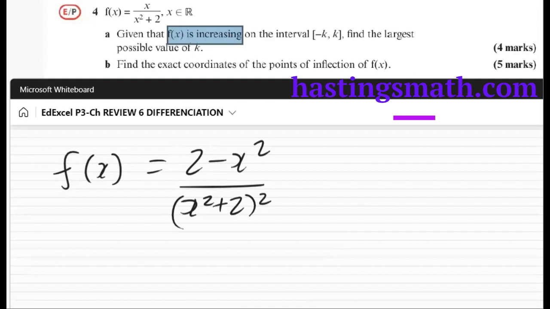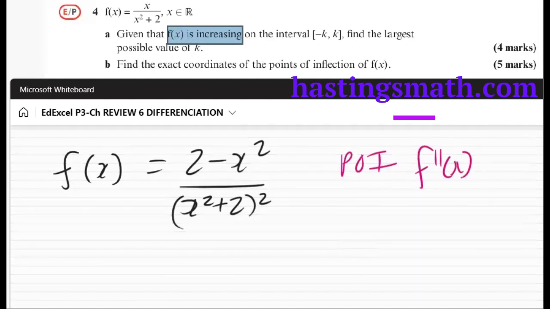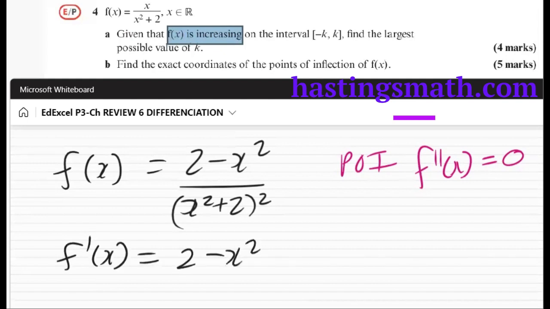And we know that for a point of inflection, the second derivative, f dash dash of x, must be equal to 0. So we already have the first derivative, which we worked out in the previous question. Our first derivative was equal to 2 minus x squared over, oh, this is the first derivative, oopsie.